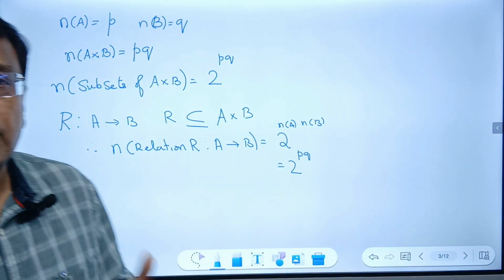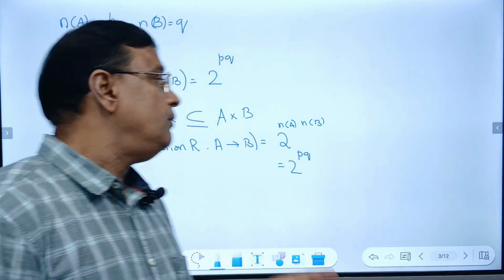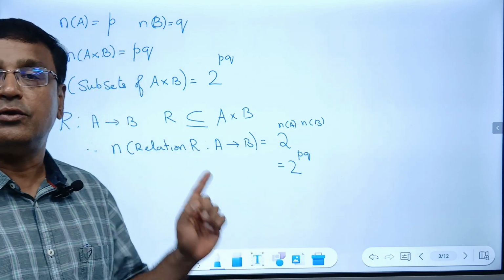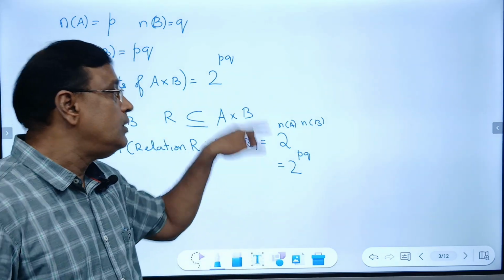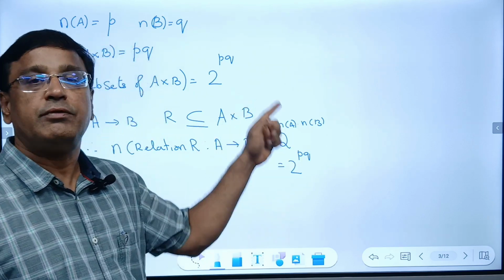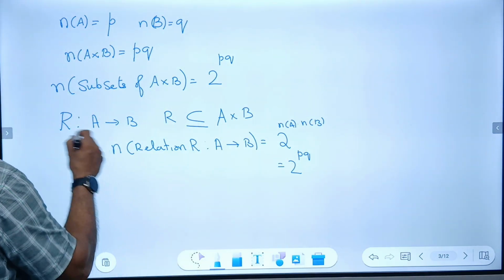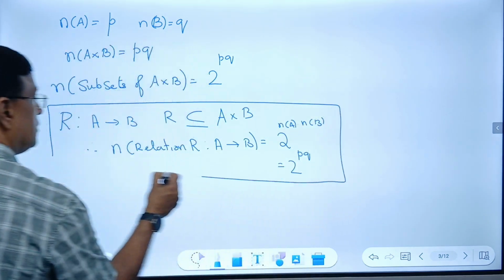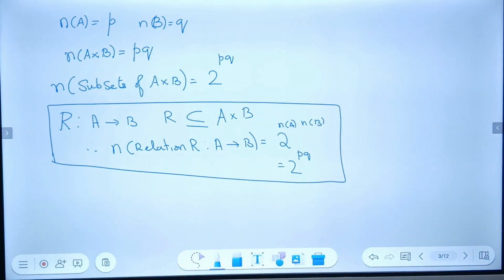So the number of relations R from A to B will be 2 to the power of the number of elements in A into the number of elements in B. Very important formula. You will be getting this for 1 mark. If possible, a 1 mark question.